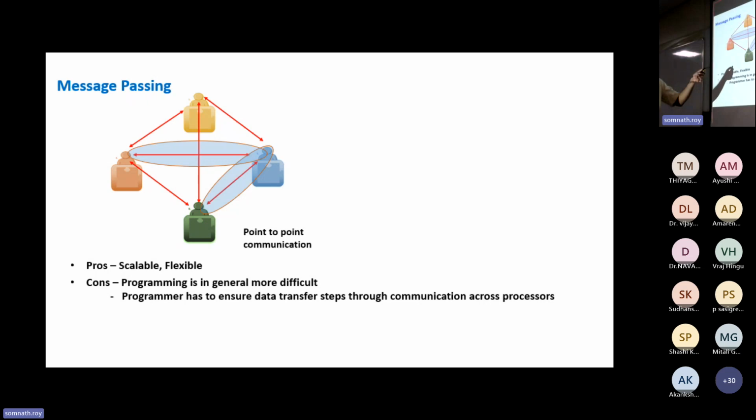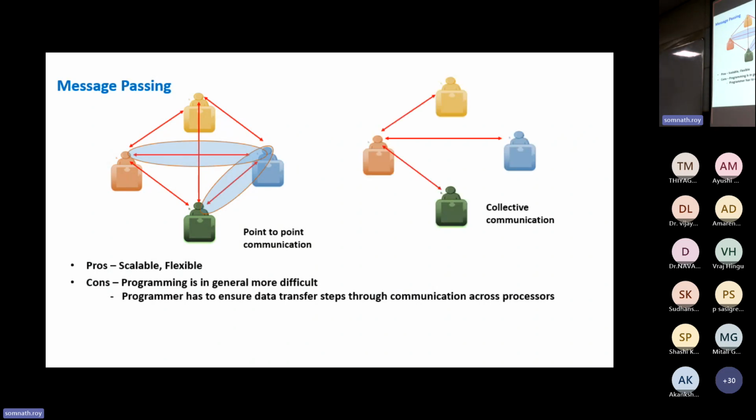This is known as point-to-point communication, where one process sends data to or receives data from another process. The alternative, which is very important, is collective communication. Instead of sending a mail to one person or a WhatsApp message, if you put it on your website, everybody can see it.